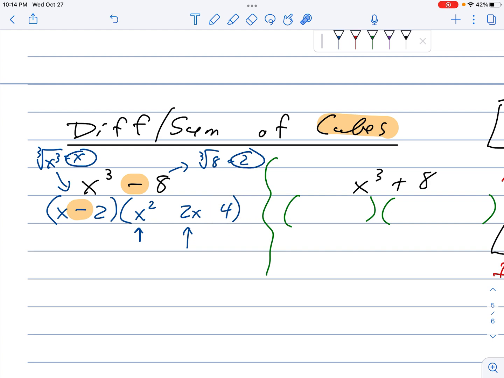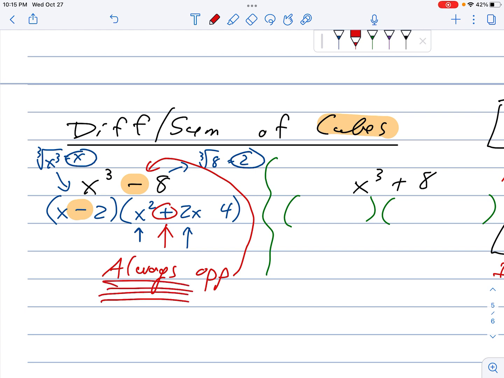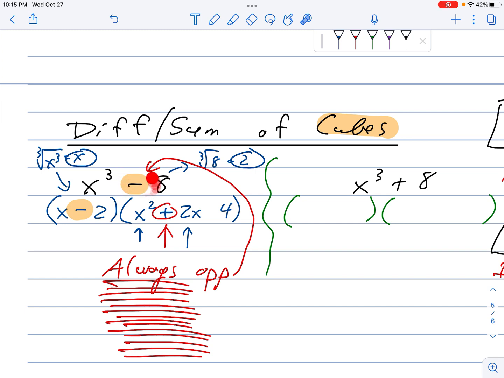What about the signs? This is plus. Always opposite of what's right there. Always opposite of what this is. This is always the same.